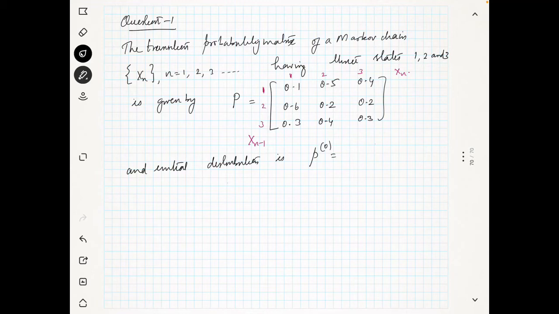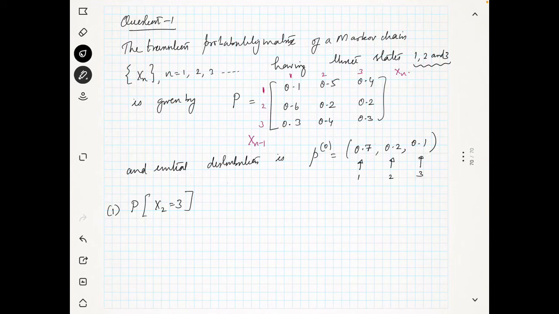Initially the mass function was 0.7 for state 1, 0.2 for state 2 and 0.1 for state 3, because we have 3 states. Now the question is, for the first part, we will give the question and the answer together: what is the probability that x2 is equal to 3?